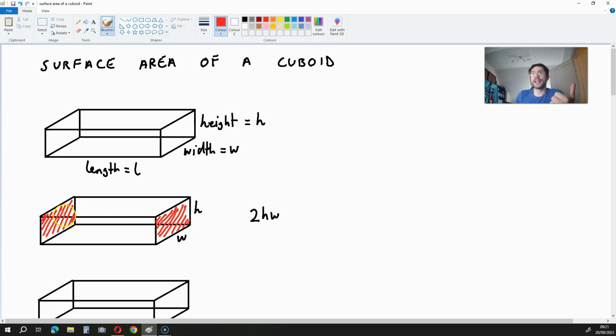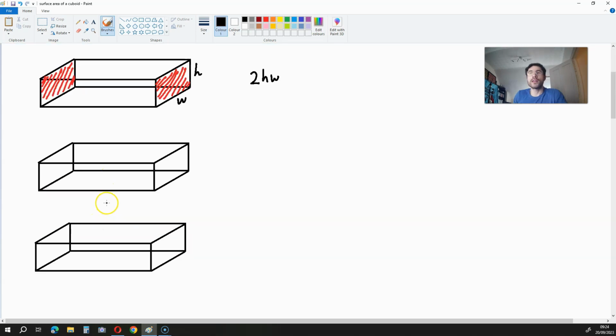So we have the left hand side and right hand side at the moment, and that would be 2 times HW, alright? Now let's deal with the bottom and top faces. These will have the area length times width. So we are looking at these faces over here that I'm shading in.